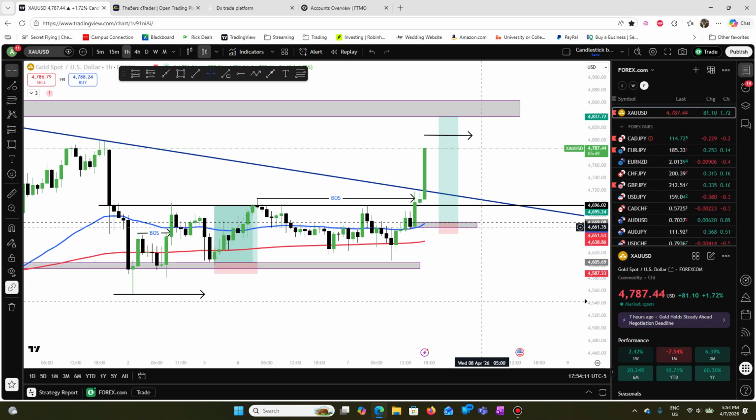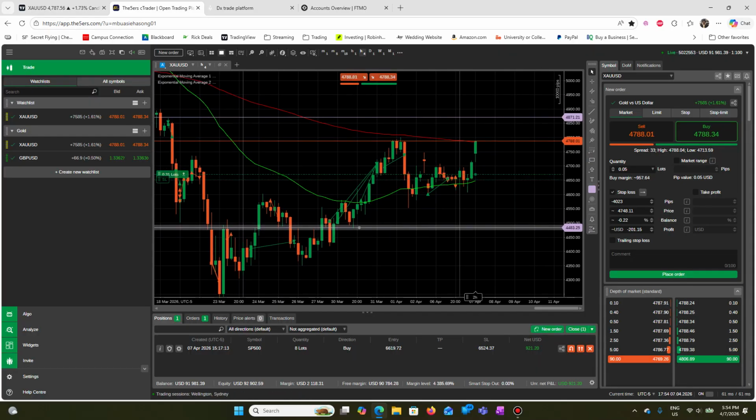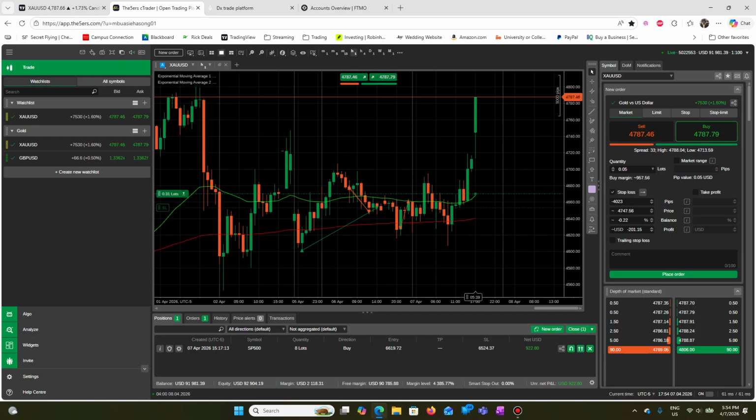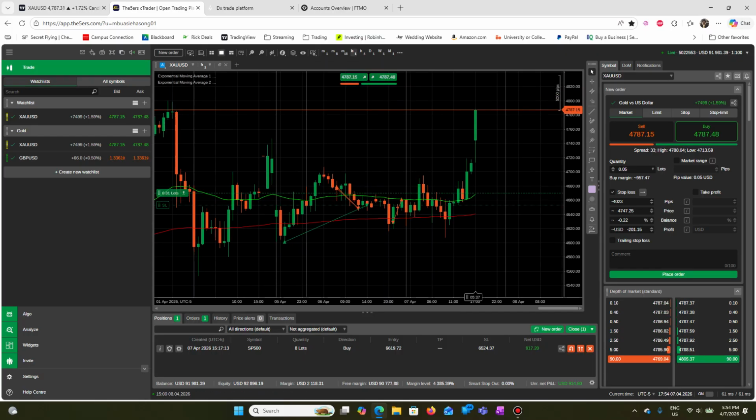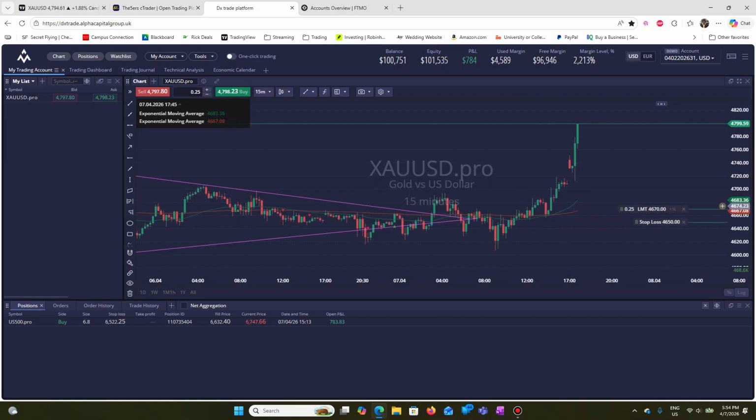But our setup is still standing, so we're waiting for this setup to play out, which we have right here, and also on our DX, our Alpha Capital swing account, we have the same buy limit setup, waiting.